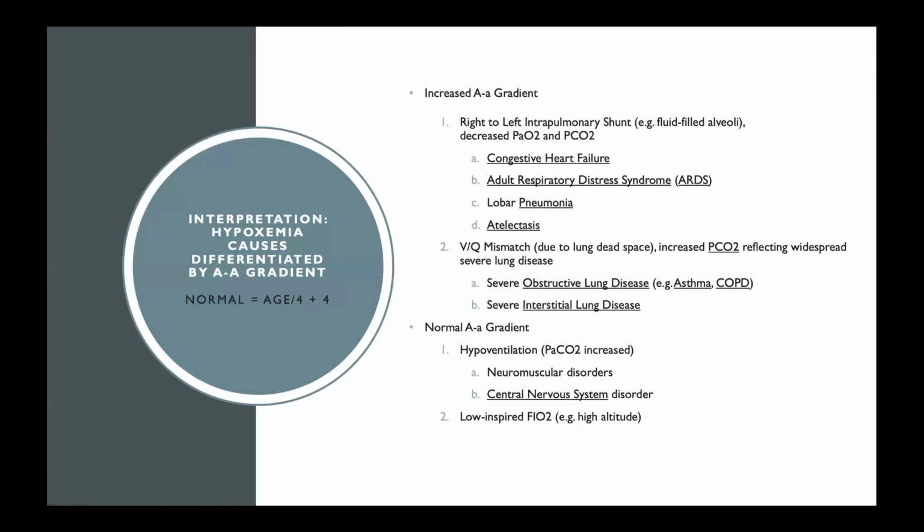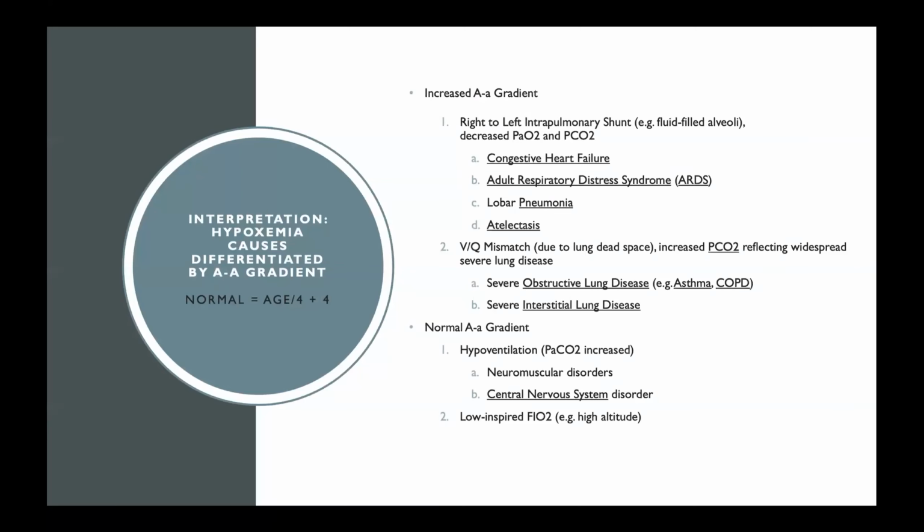In which conditions is the alveolar-arterial gradient increased, right? Right-to-left intrapulmonary shunt, especially pulmonary edema, congestive heart failure, ARDS, pneumonia, lobar pneumonia, and collapse of the lung.